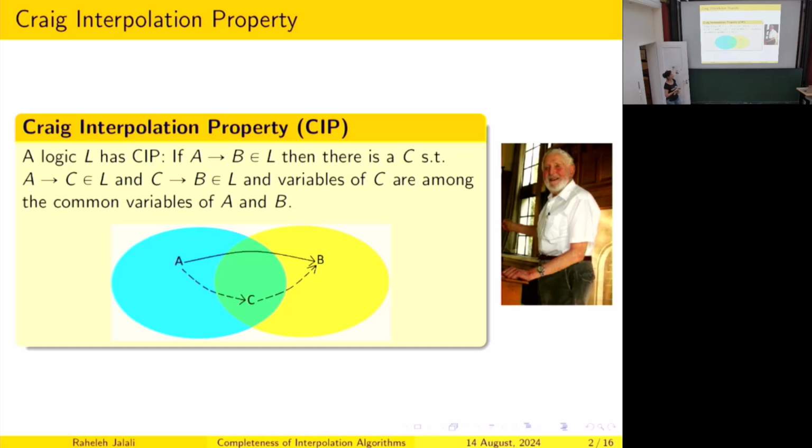Isn't it that the normal Craig interpolation theorem says that not just the variables are among the common ones, but also relation symbols, function symbols, or is that what you mean when you say variables? That's very good, but now I'm only talking about propositional logic, so we don't have any relations. It's not first order, to make it easier.